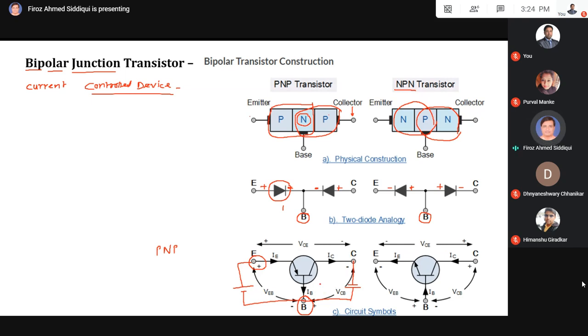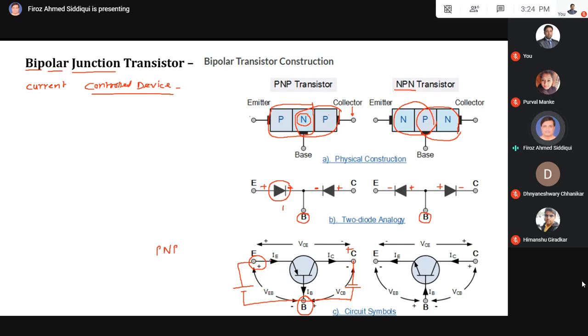So collector base junction, if you see, collector is of P-type material, and we are connecting it to the negative terminal of the battery, and base is of N-type material of the transistor, and we are connecting it to the positive terminal of the battery. That means this collector base junction is reverse biased, and this emitter base junction is forward biased.